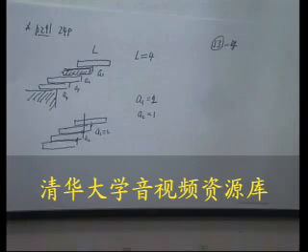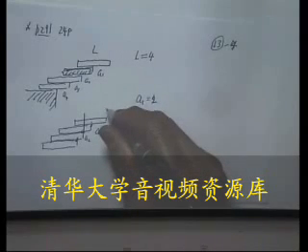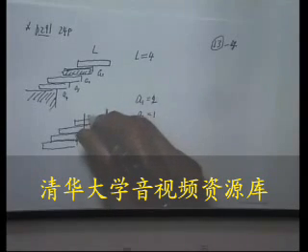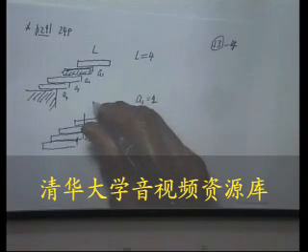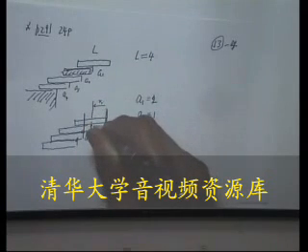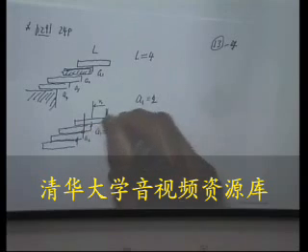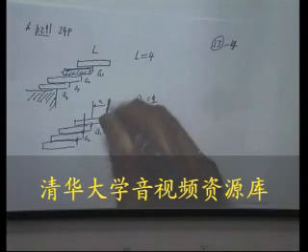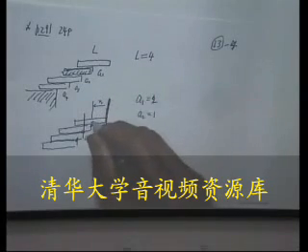Okay. So in order to do this systematically, let's take this point to be the origin and call this distance x1. x1 is the position of the center of mass, always referring to this point, of the top block.